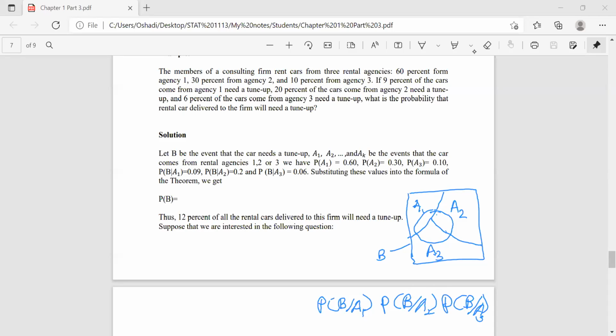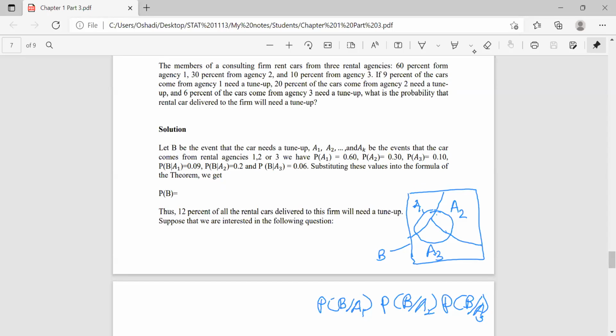It says 9% of the cars that come from agency 1 need a tune-up, that is P(B given A1). 20% of cars from agency 2 need a tune-up, that is P(B given A2). Likewise, from agency 3, P(B given A3). Those probabilities are given. The question was, what is the probability that a rental car delivered to the firm will need a tune-up? So we need to find P(B).